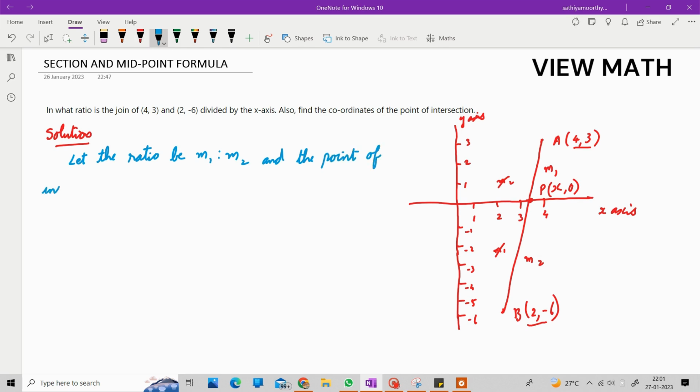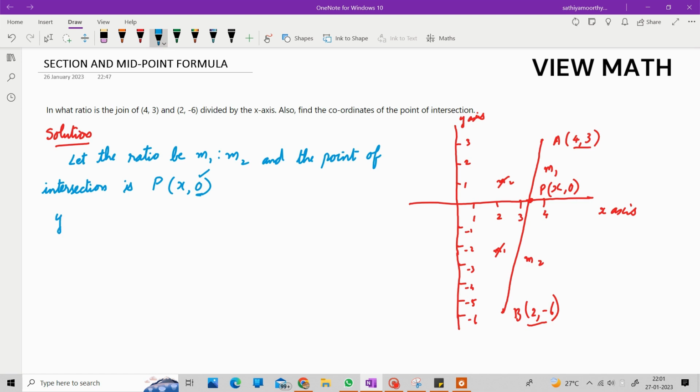The point of intersection is P(x, 0). So the point lies on the x-axis, so the y coordinate is 0. X I need to find out. I know the y coordinate is 0, so with that I am going to proceed.